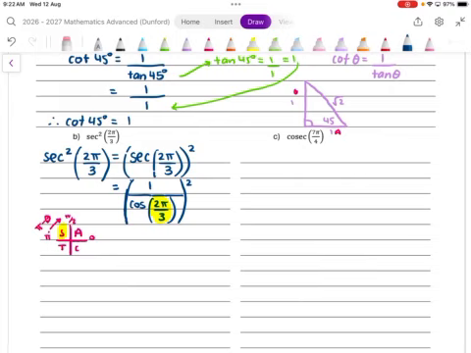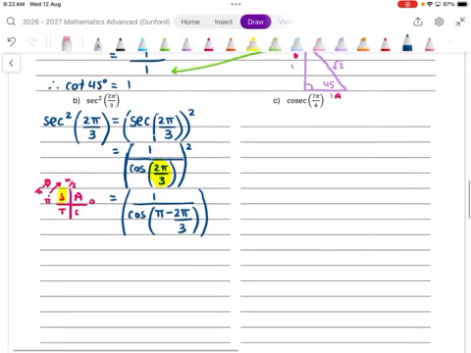So this means it's going to equal 1 over cos of pi minus 2 pi on 3. What is pi minus 2 pi on 3? Pi over 3, right? 1 minus 2/3 is a third.